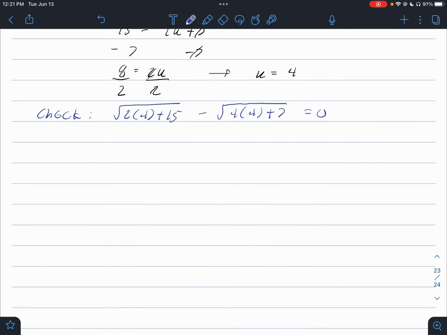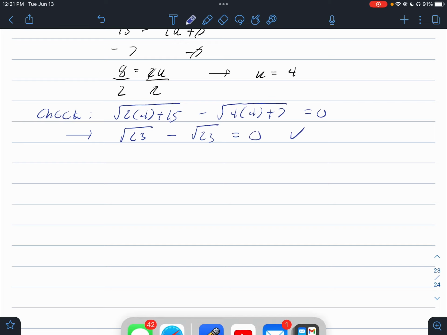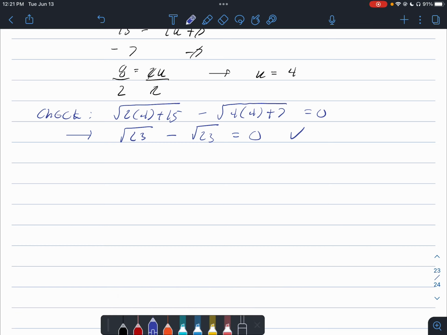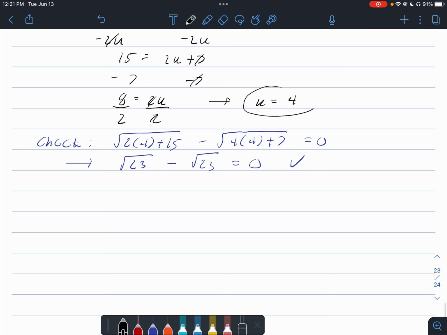So here we have 2 times 4 is 8. 8 plus 15 will give us the square root of 23 minus 4 times 4 is 16, plus 7, that is 23 again. So the square root of 23 minus the square root of 23 is equal to 0. Again, I would say that this is true. So we can go ahead and assume that u equals 4 is a valid solution.